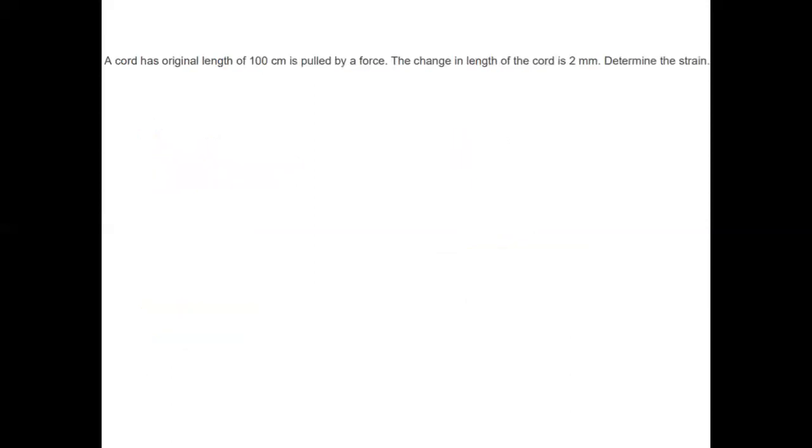Now, the second example is a cord has original length of 100 centimeters and is pulled by a force. The change in length of the cord is 2 millimeters. Now, we are required to determine the strain, so we have these given parameters: the original length LO of this cord at 100 centimeters.